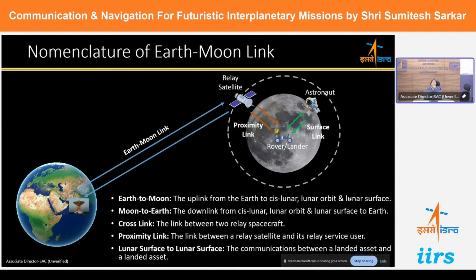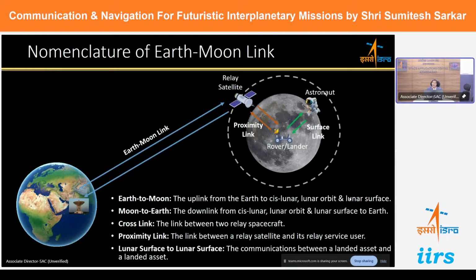The first thing we can imagine in a deep space link is between the Earth and the Moon. The typical links, if we consider, one major part is the Earth-Moon link, that is the longest one, where the antennas located on the surface of the Earth may be communicating with the data relay orbiter or data relay satellite surrounding the Moon.